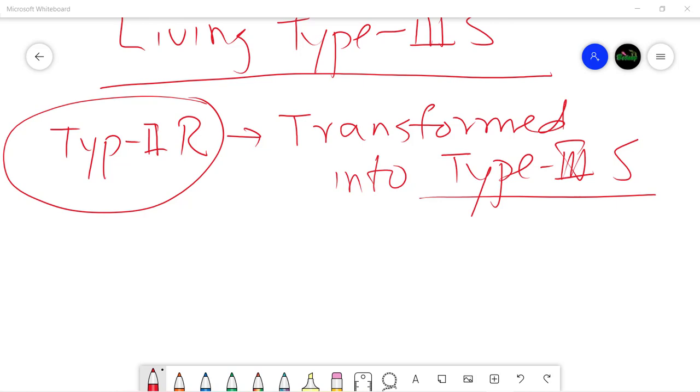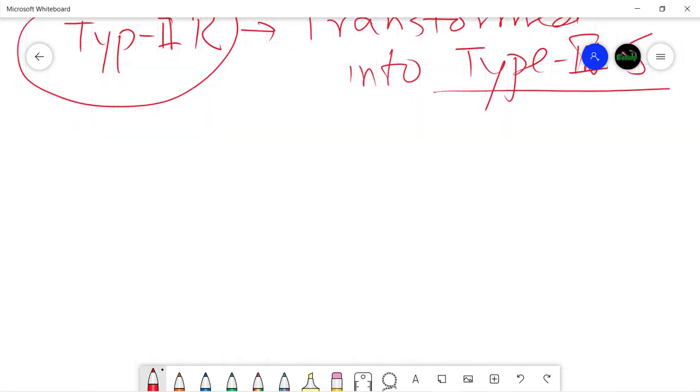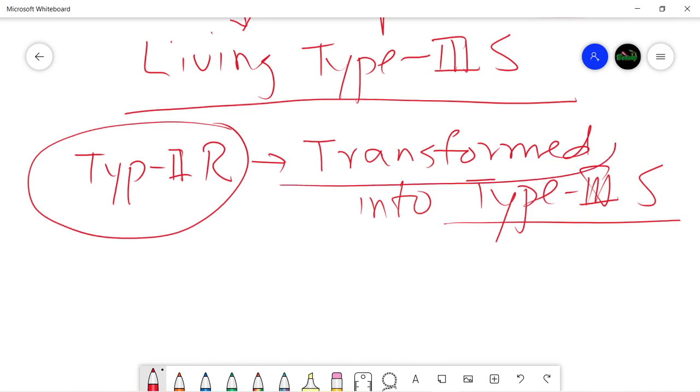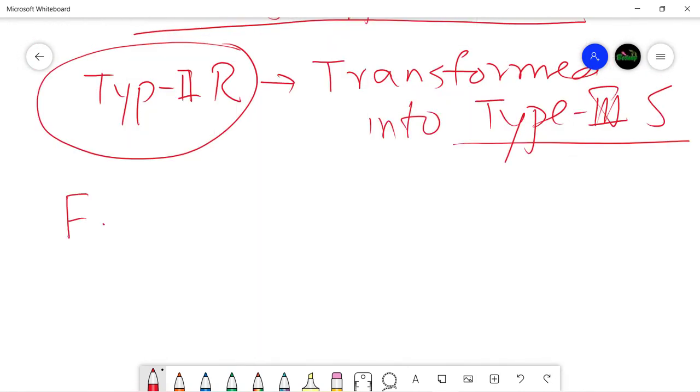Now, Frederick Griffith, after performing all these experiments, concluded, as we saw in the previous video, that the type 2R bacteria have been somehow transformed into type 3S. Frederick Griffith suggested that there must be something in type 3S that is responsible for the synthesis of capsule in type 2R, because we know the difference.